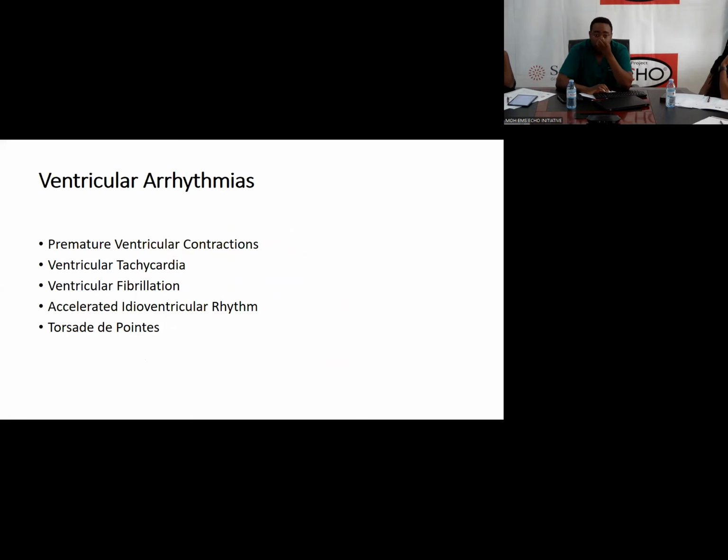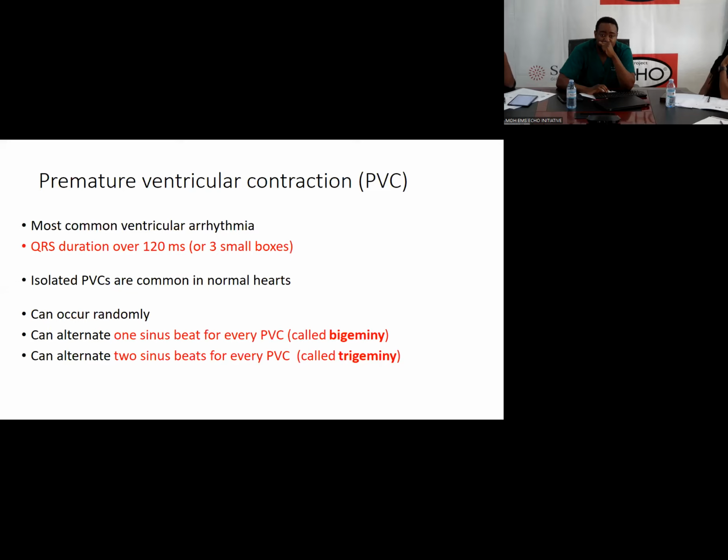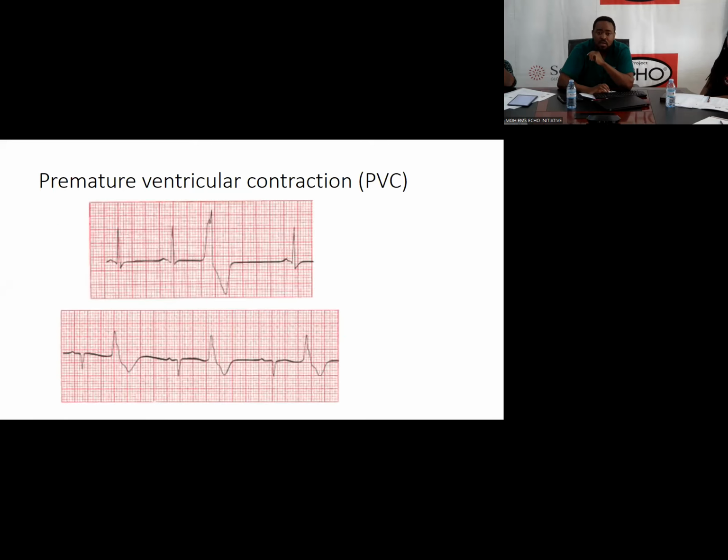So these ones are also quite many. I'll just go over the common ones. One of the commonest is the PVC. This simply appears as a big, wide, bizarre QRS complex that appears randomly within the ECG rhythm. It's usually very isolated and unrelated, not having any structural resemblance to the other QRS complexes.